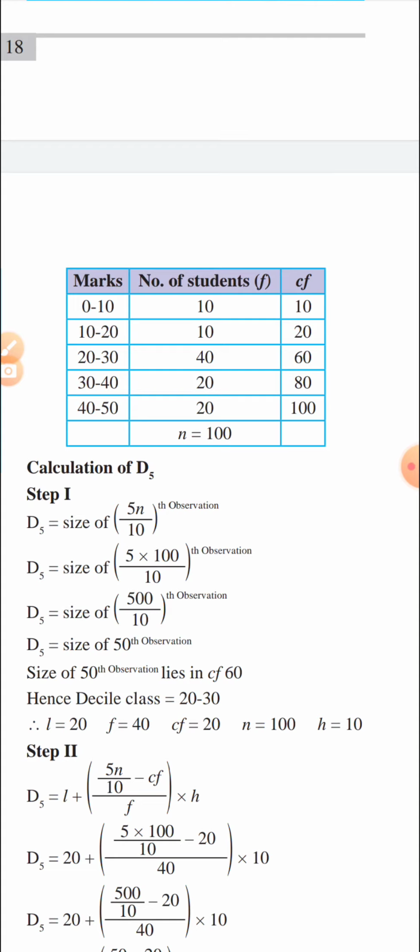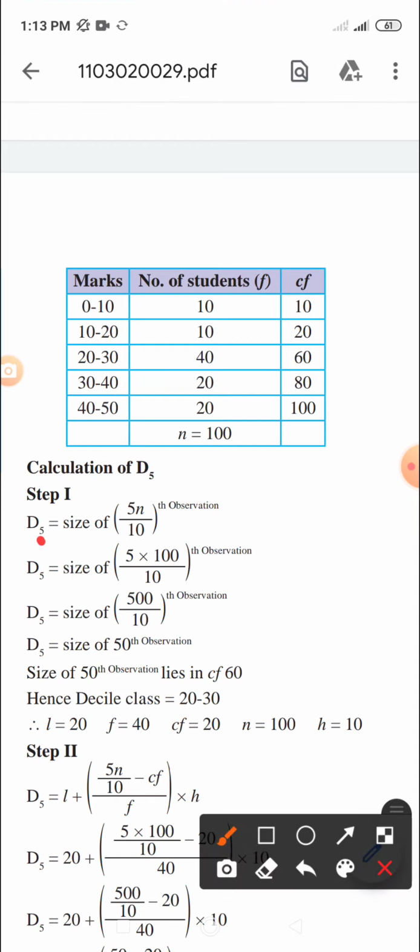So to find out the decile class in case of D5, we write the formula: D5 is equal to size of 5n upon 10. Why do we divide by 10? Because deciles divide data into 10 equal parts of the complete observation.